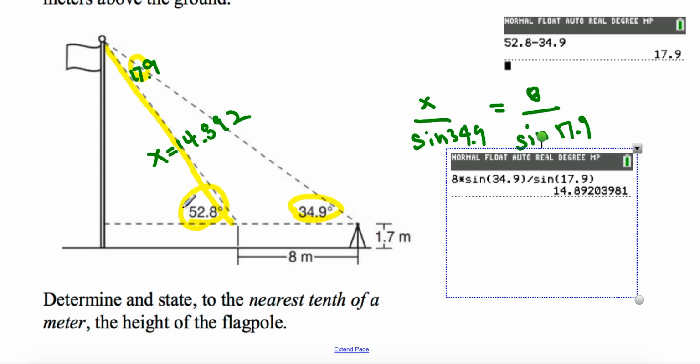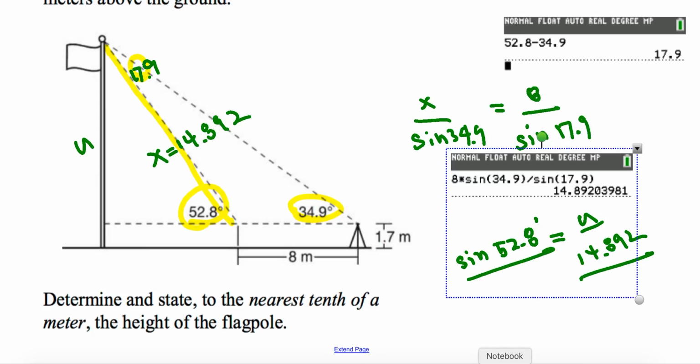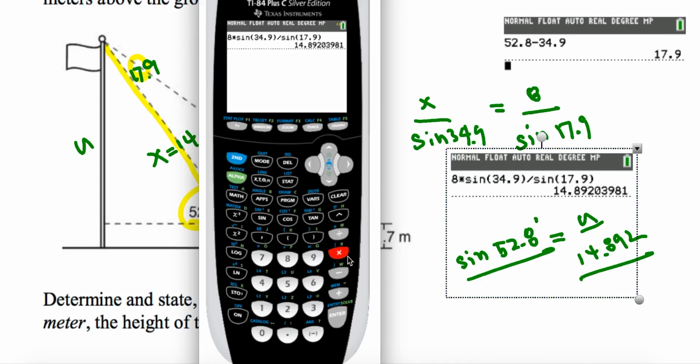All right, now since I know the hypotenuse of the small triangle right over here, then I can look at the upper portion. I'm going to call that u, using the sine. So here we get sine of 52.8 degrees is equal to u over 14.892. Then to have the upper portion, we just have to multiply this one times this one, multiplying that by sine of 52.8.